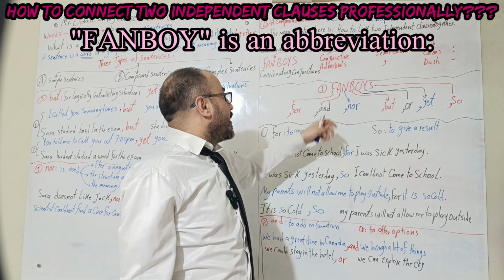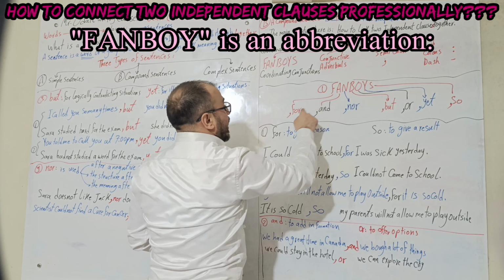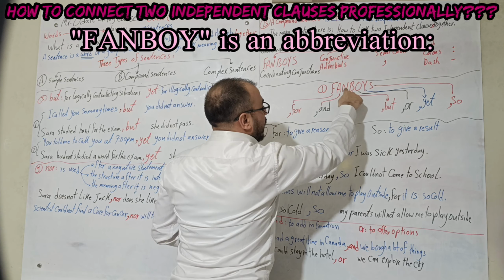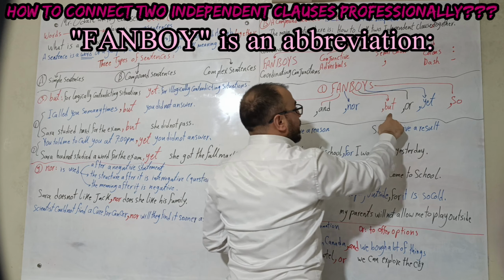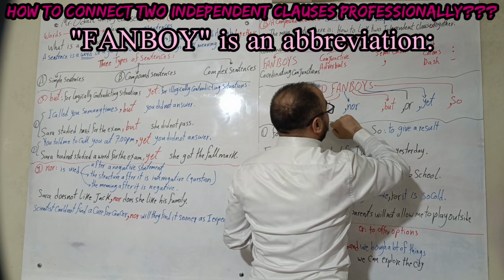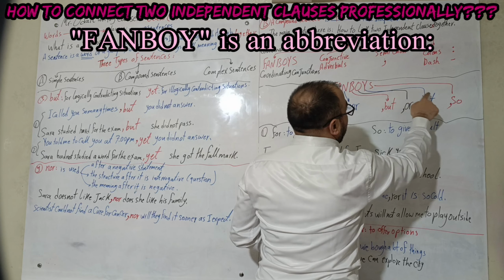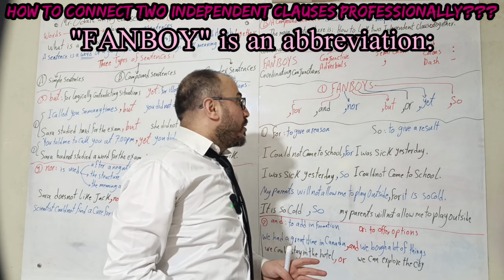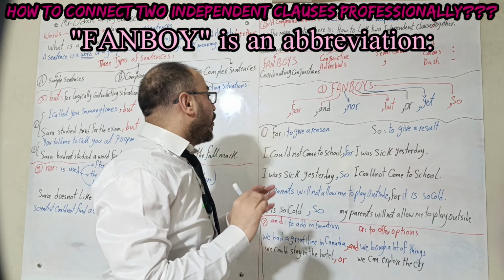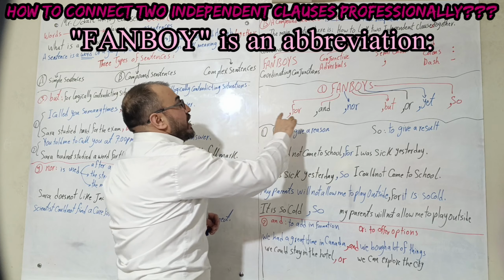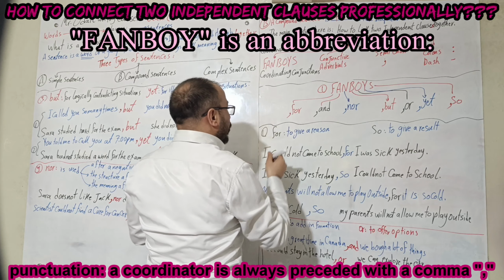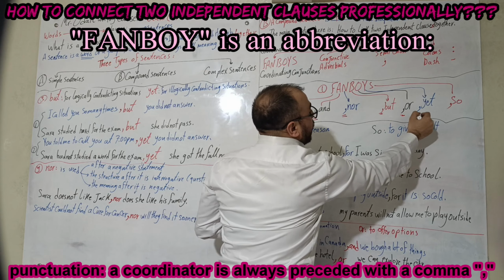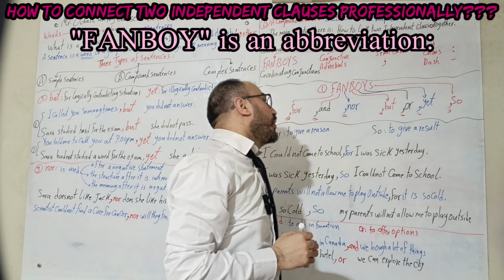FANBOYS stands for: F stands for for, A stands for and, N stands for nor, B stands for but, O stands for or, Y for yet, and S for so. And as you notice, my friends, always when I use one of these words, it should be preceded by a comma as a punctuation mark.